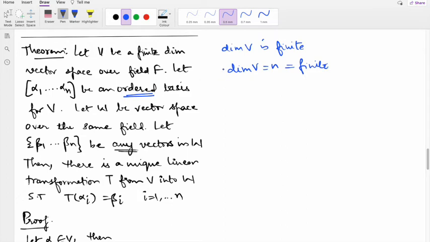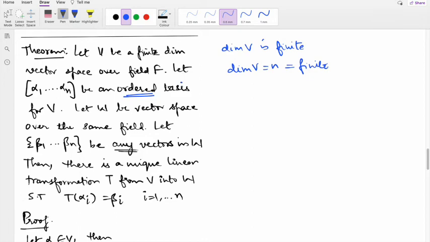So let's say I choose some basis, alpha 1 to alpha n. I'm just giving them some order. This becomes important when we discuss coordinates and such, but for now we can just assume that this is just an ordering on the elements of the basis.